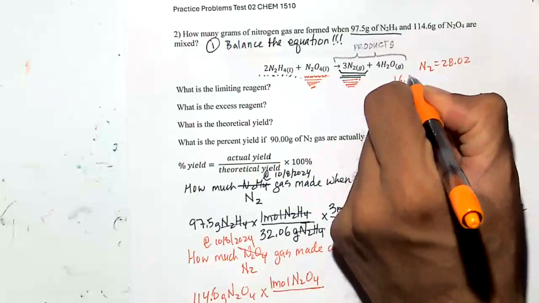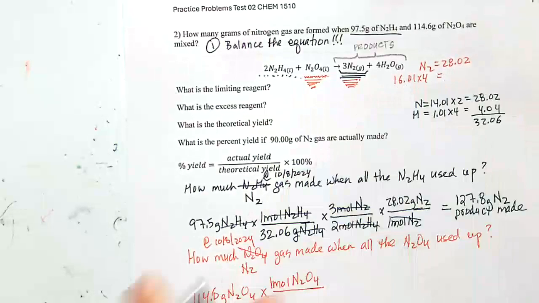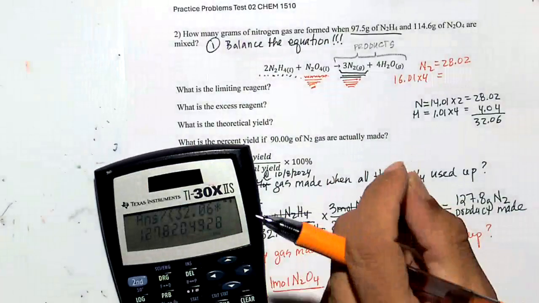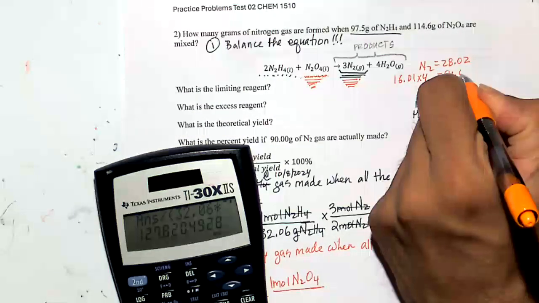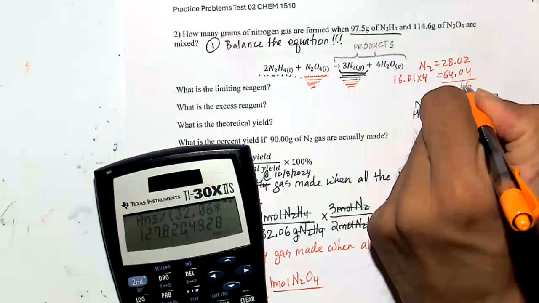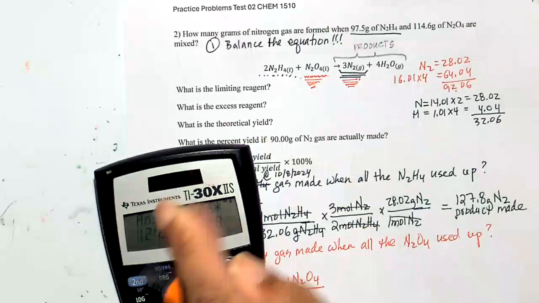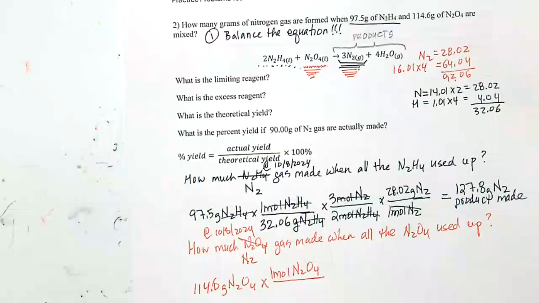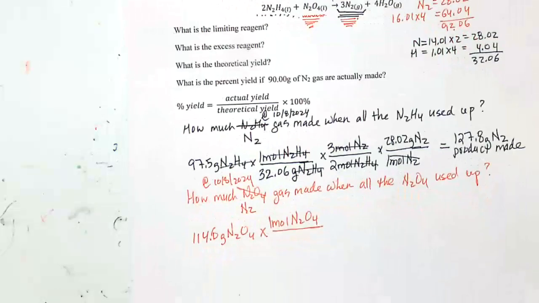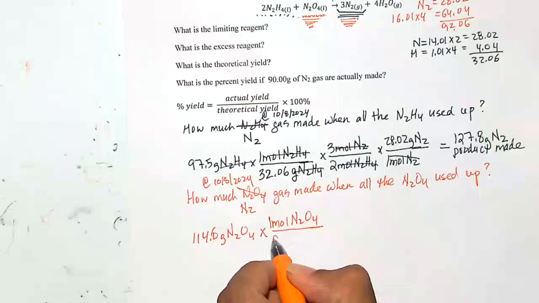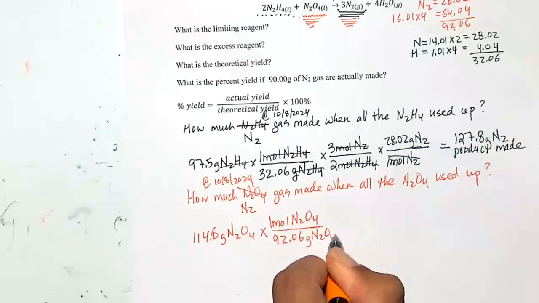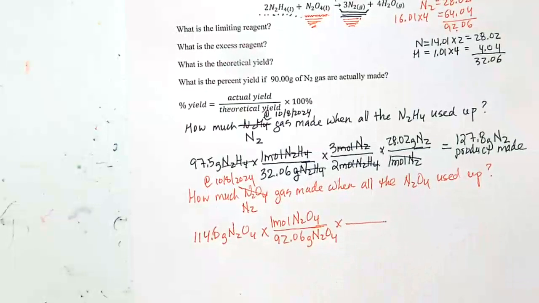Oxygen is about 16.01 times 4, which is 64.04. We get about 92.06 grams. So 1 mole of N2O4 is 92.06 grams of N2O4.